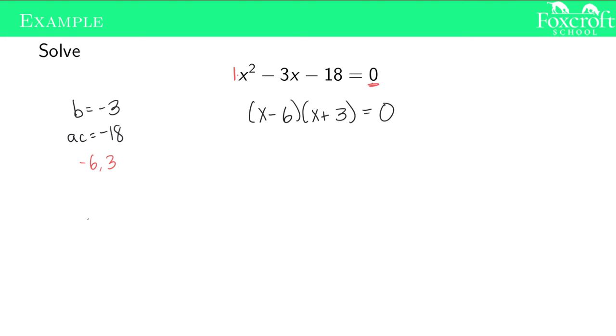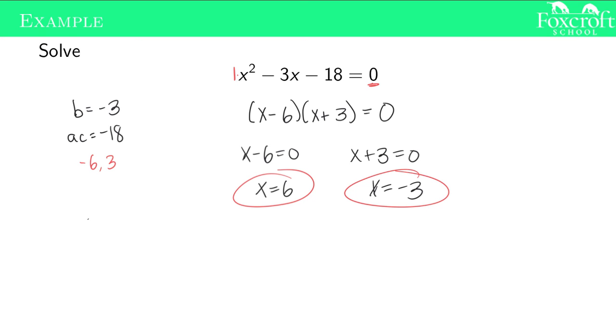Then using our 0 property, we can now take these two things and set them equal to 0. That's actually the main part of what we're doing in this one. We're using the 0 property. Here we add 6. Here we subtract 3. And that gives us our two answers, 6 and negative 3.